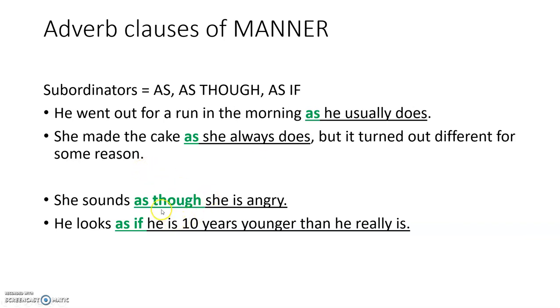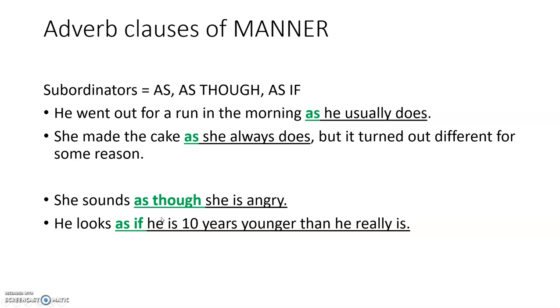As though and as if have more special meanings. She sounds as though she's angry. As though. Okay, so we can use these two interchangeably. The meaning behind this is I'm not sure if she's angry.